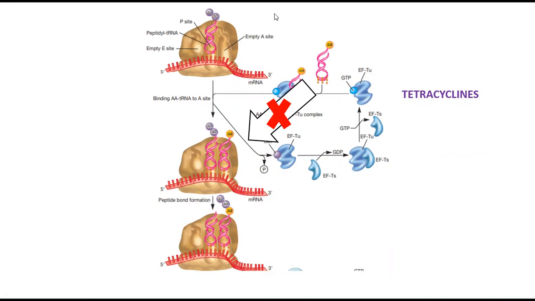When the ribosome is fully formed, the transfer RNA loaded with a specific amino acid has to enter the acceptor site of the ribosome. What does tetracycline do? It binds to the ribosome and does not allow the entrance of the loaded amino acid.